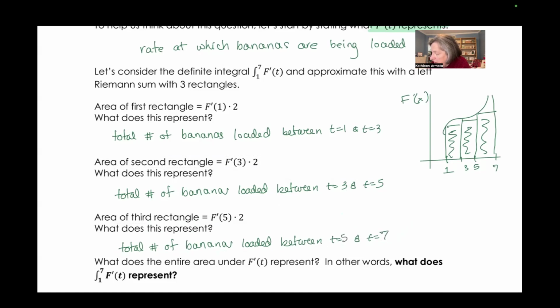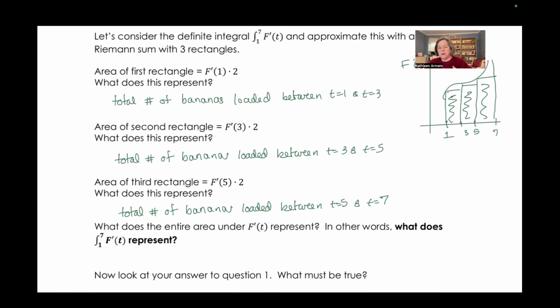Okay, so the entire area underneath the integral of f prime of t is telling me the total number of bananas loaded. I add up how many are loaded over every 2-minute period, then I get how many are loaded over the 6-minute period between t equals 1 and t equals 7.